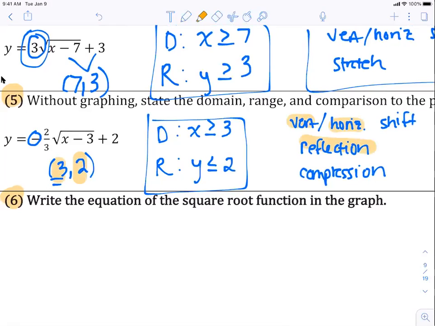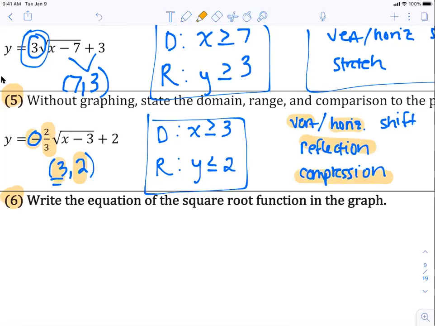We do have that reflection because the sign in front of your a value is negative. So that's what makes your graph flip upside down basically. And the last one, we actually have a compression on this one because the number in front, that 2/3, obviously is a fraction that is less than 1.